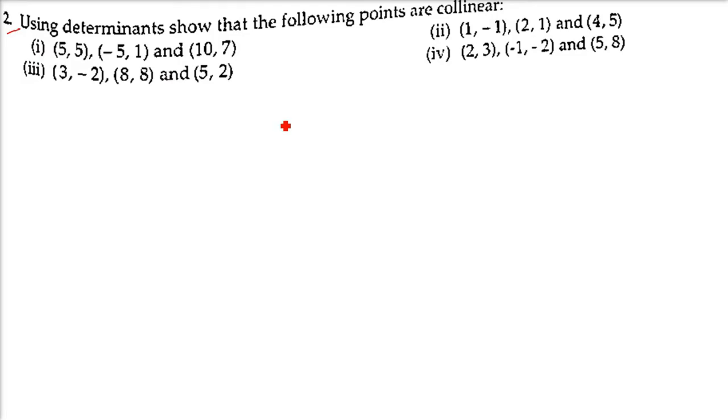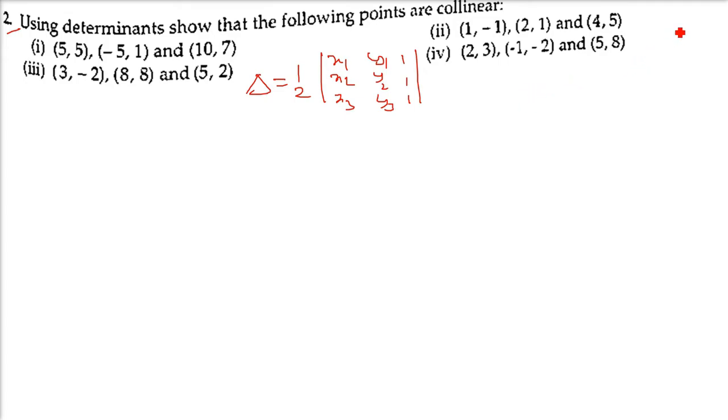Now the second question is, using determinants, show that the following points are collinear. So the concept here is that collinear means, if you want the area of a triangle, half of the determinant of x1, x2, x3, y1, y2, y3, 1, 1, 1, where x1, y1, x2, y2, x3, y3 are the coordinates of the three vertices.